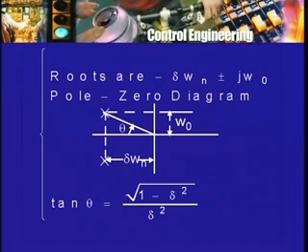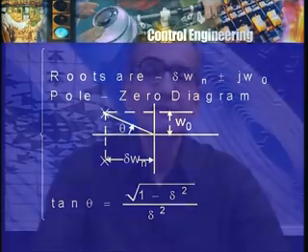The imaginary part, which is the length of this segment, is given by omega n, and the real part, or the length of this segment, is given by delta omega n. So, in other words, delta omega n is the negative of the real part. Remember, the real part is negative, and omega n is the imaginary part, or the number that multiplies j.